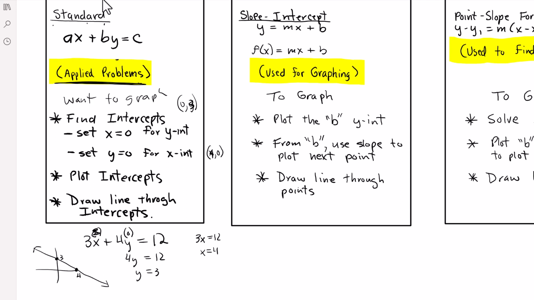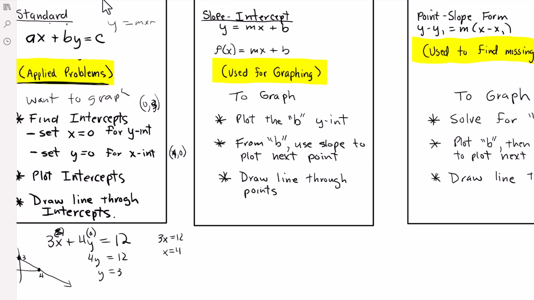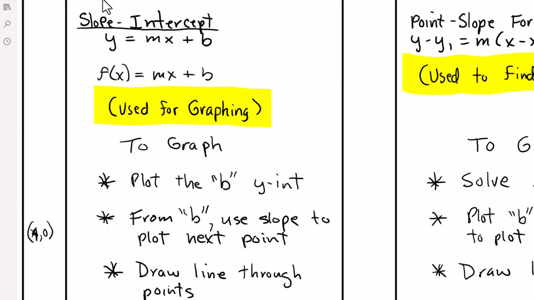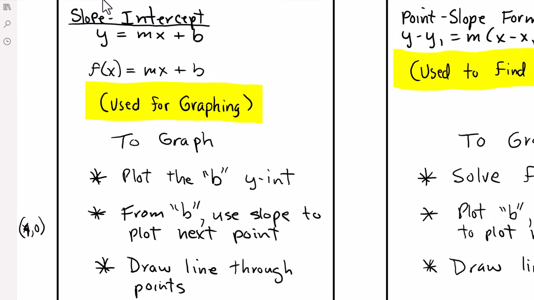All right, so when you have a standard equation, use the intercepts rather than taking the time to solve for y is equal to mx plus b. Just set the x value equal to 0 to see where it intersects the y-axis. Set the y value equal to 0, and then draw the line. Okay, slope-intercept, if you have it in y equals mx plus b form, that's used for graphing.